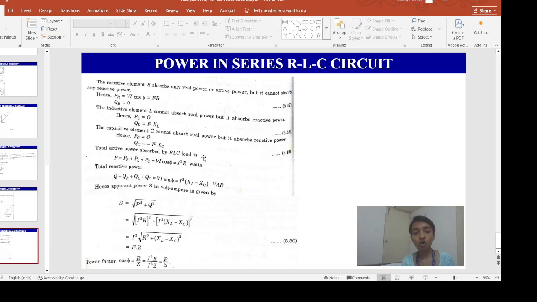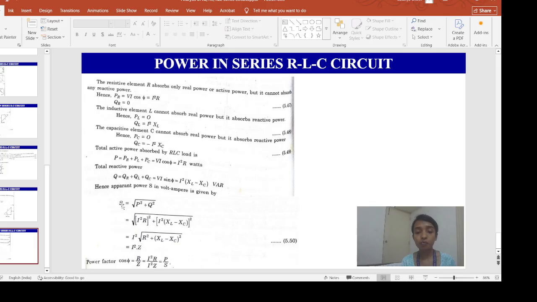So if you add all this power, across this resistive element we will have only the active power or true power, which is VI cos phi or I square R watts, and the total reactive power, which is consumed by the inductor and the capacitor, is VI sin phi. Or if you put in the values, it is I square into XL minus XC, in VAR.